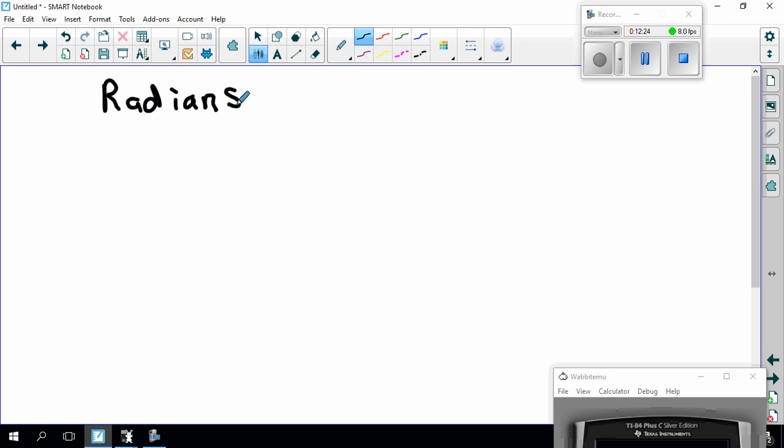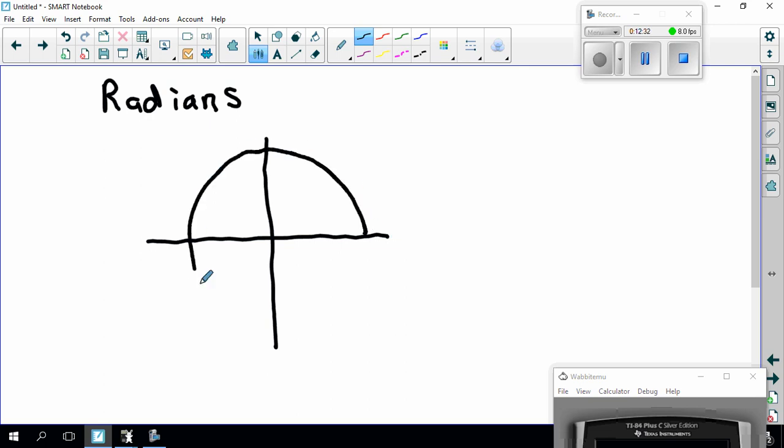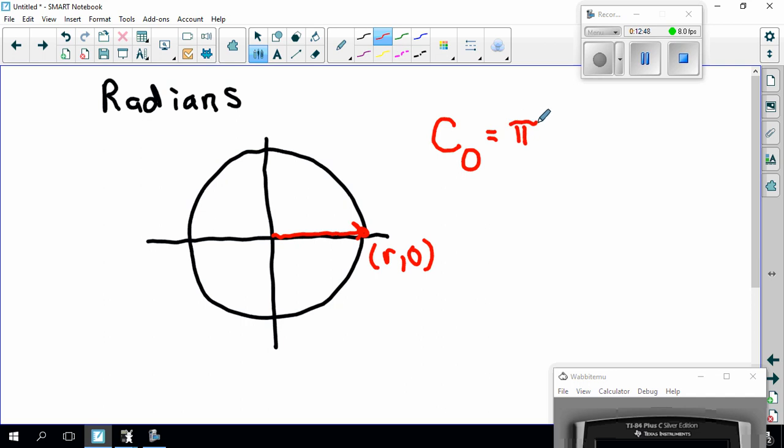What we're simply going to do is look at a circle of radius r. So this point is r, 0, and there's the radius r. I like to bring back the circumference formula of a circle, which is pi r squared.